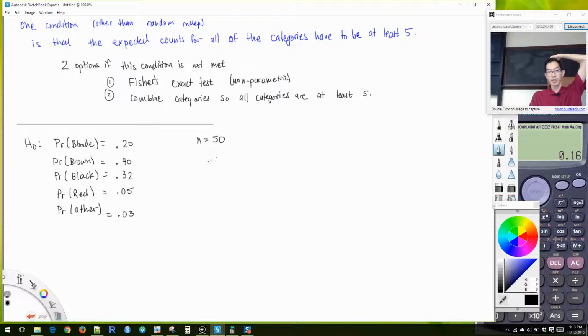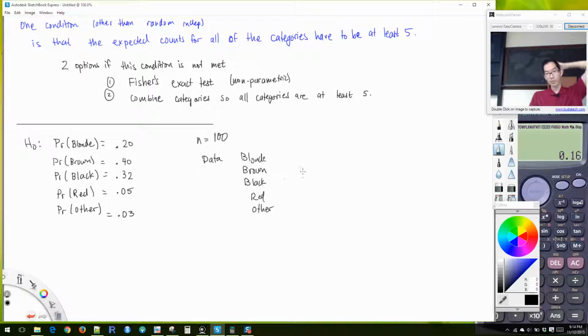Then you have your data, and you have blonde, brown, black, red, and other color hair. Actually this is too small anyway. Let's do 100.